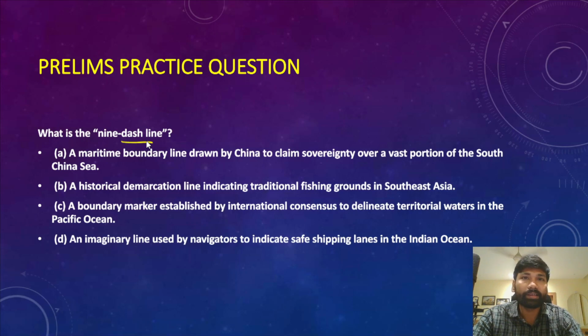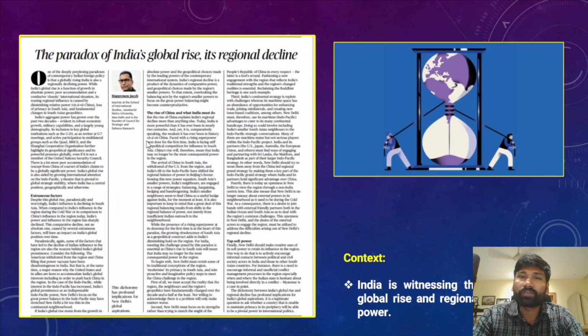So without any delay, we'll discuss all important editorials and other important news articles. The first important news article is the paradox of India's global rise and its regional decline. If you look at India's rise at the global level, there's no doubt that we can consider the present foreign policy as the golden era of Indian foreign policy.